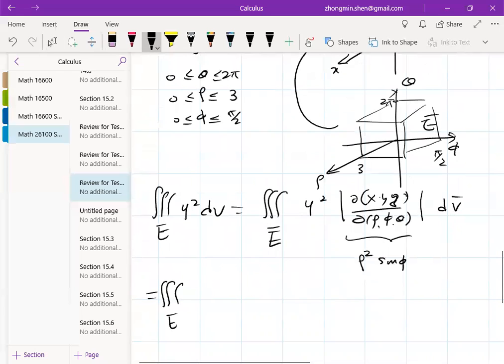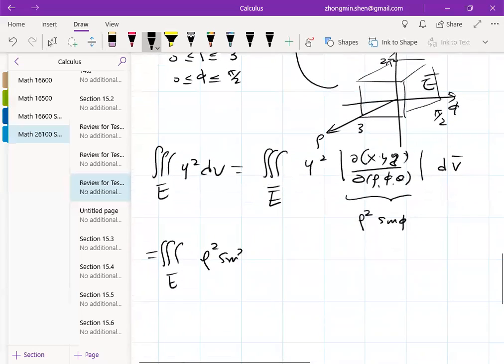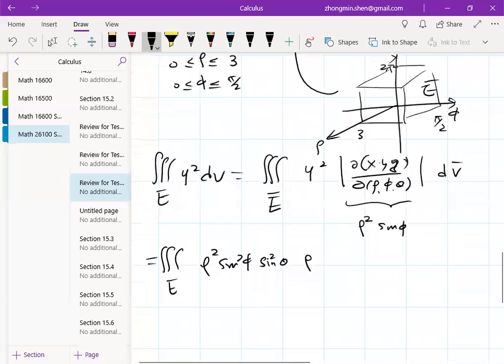All right, the y squared. What is y? y is going to be rho sine phi sine theta, so y squared is rho squared sine squared phi sine squared theta, and then dV bar.